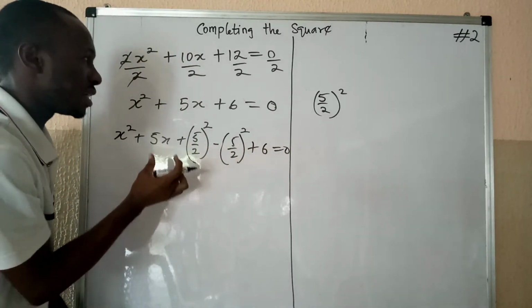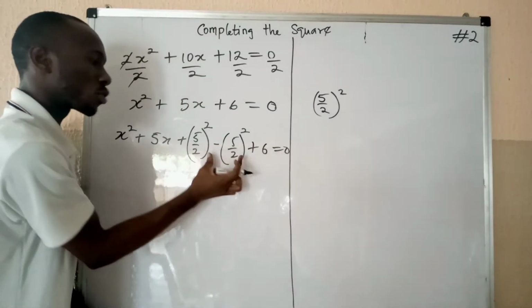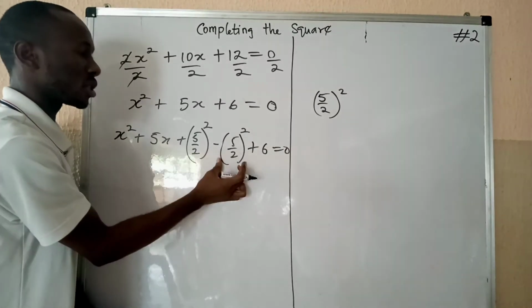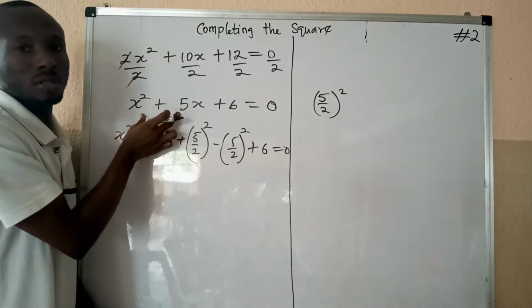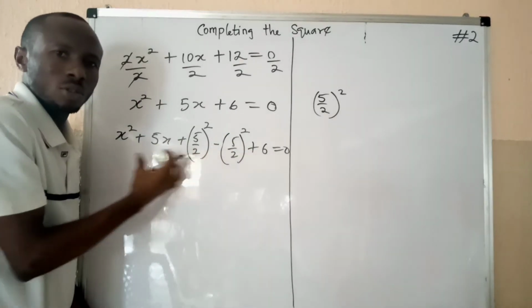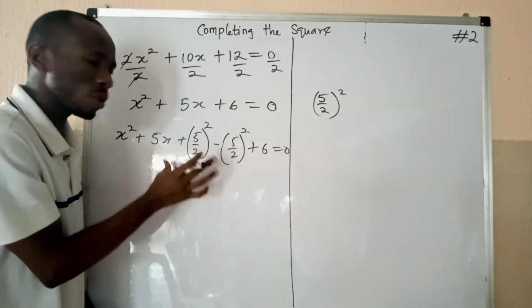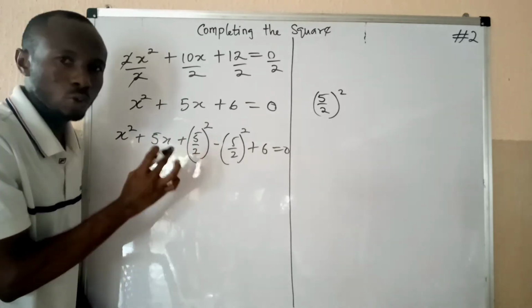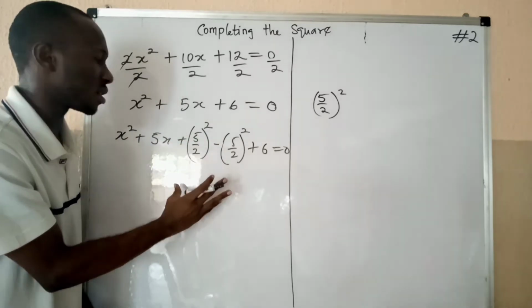What I just did is as if I'm subtracting these two terms. Of course, this minus this is 0 and back to the previous equation. So completing the square does not alter the equation. The equation still remains what it is, but we're actually doing a very serious business here right now.